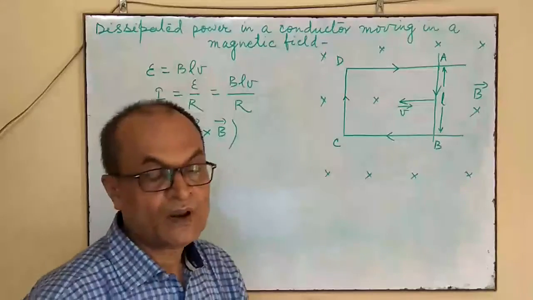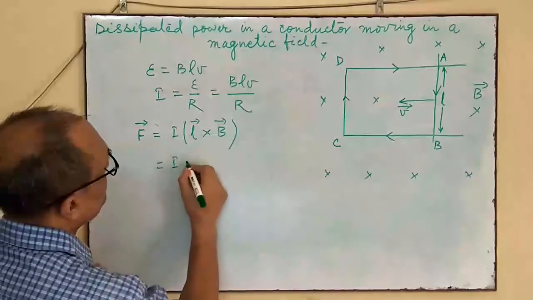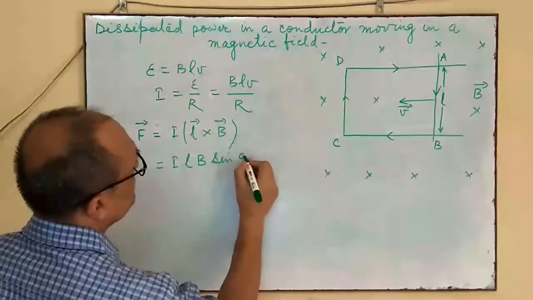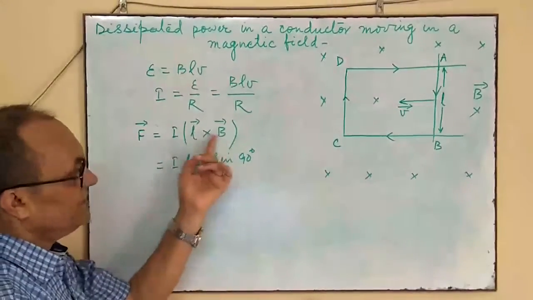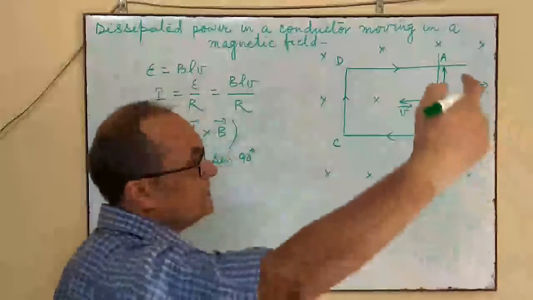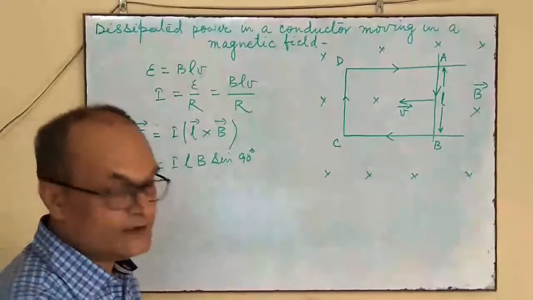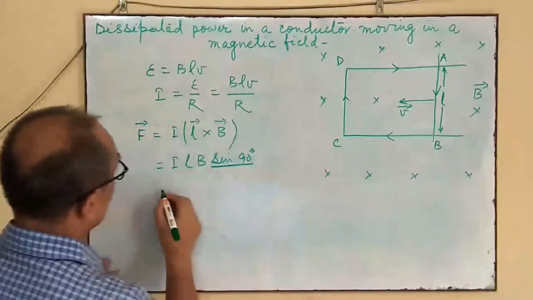So we can write I L B sin 90 degrees. Why sin 90 degrees? Because L and B are at 90 degrees to each other, so this value becomes 1.